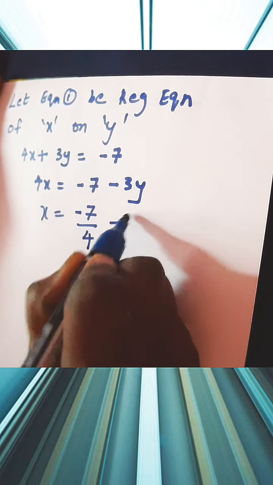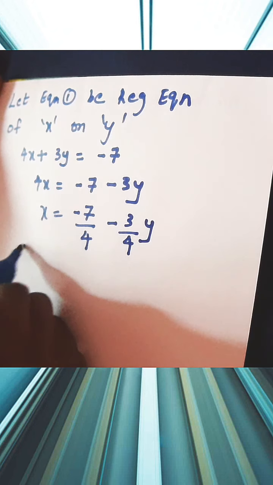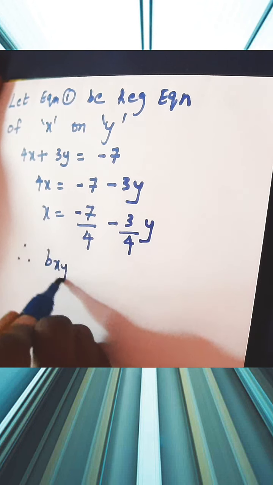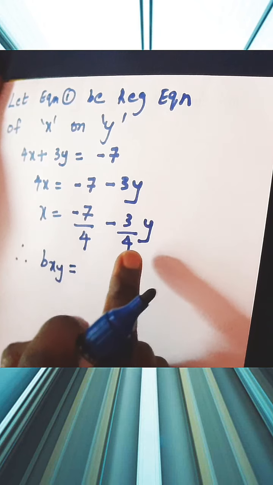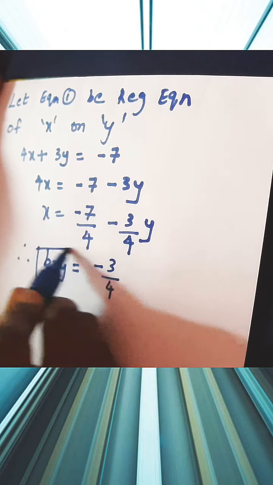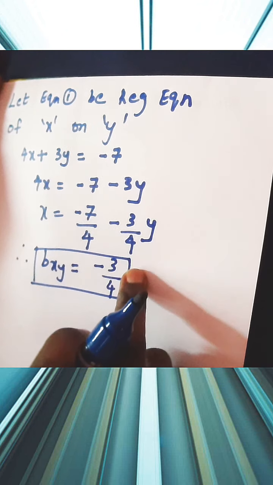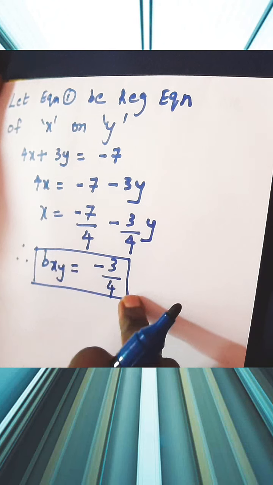Minus 7 by 4 minus 3 by 4 into y. Therefore, your bxy, the regression coefficient of x on y, is negative 3 by 4. The coefficient of y is negative 3 by 4. That will be your bxy.